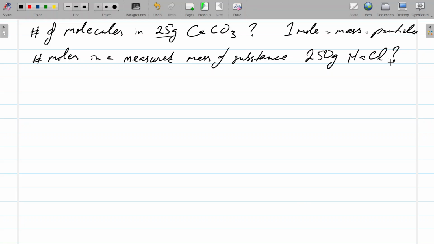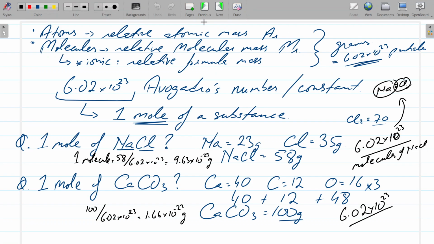I'm just telling you, next time we're going to get into these types of calculations. So this is sort of a prelude to next class. I leave you with that. Hopefully the basic concept of Avogadro's number and the mole is clear, and you'll be processing it and reading through the book on your own.